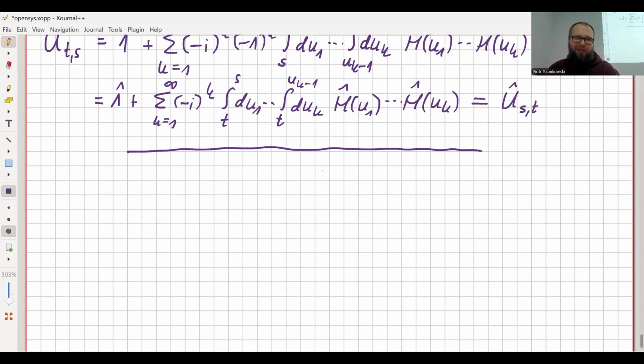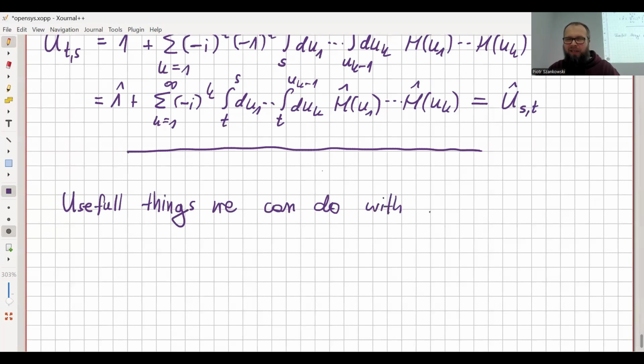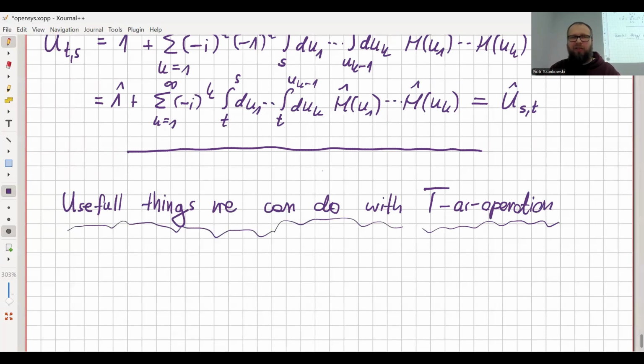Let's find some useful things we can do with T as an operation. So, as you saw, showing this, this simple dagger reverses stuff, it was kind of involved, right?